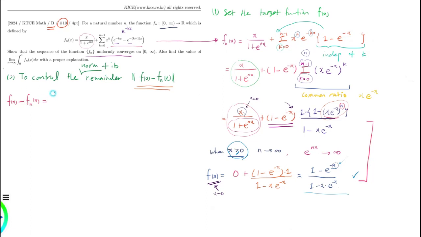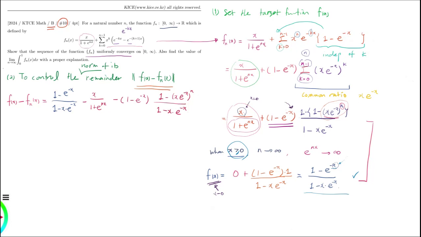So 1 minus e to the minus x power over 1 minus x times e to the minus x power, and then the f sub n of x part is minus x over 1 plus e to the nx power minus 1 minus e to the minus x times 1 minus x times e to the minus x quantity to the power n over 1 minus x times e to the minus x.